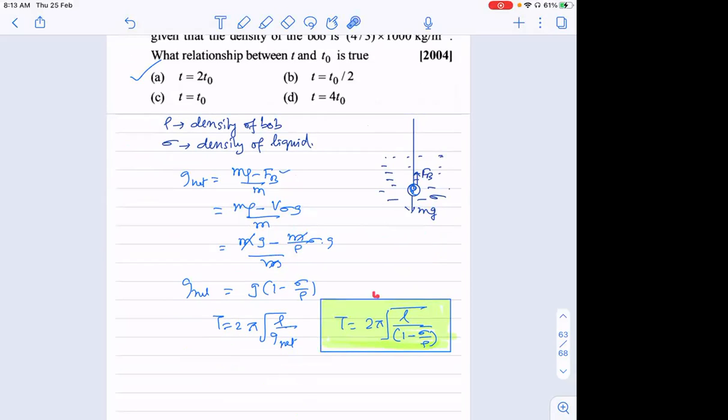तो we get this. Now suppose if density of liquid, okay, now you can put it. अभी relation देखो. Air में जो था वो ये रहेगा.